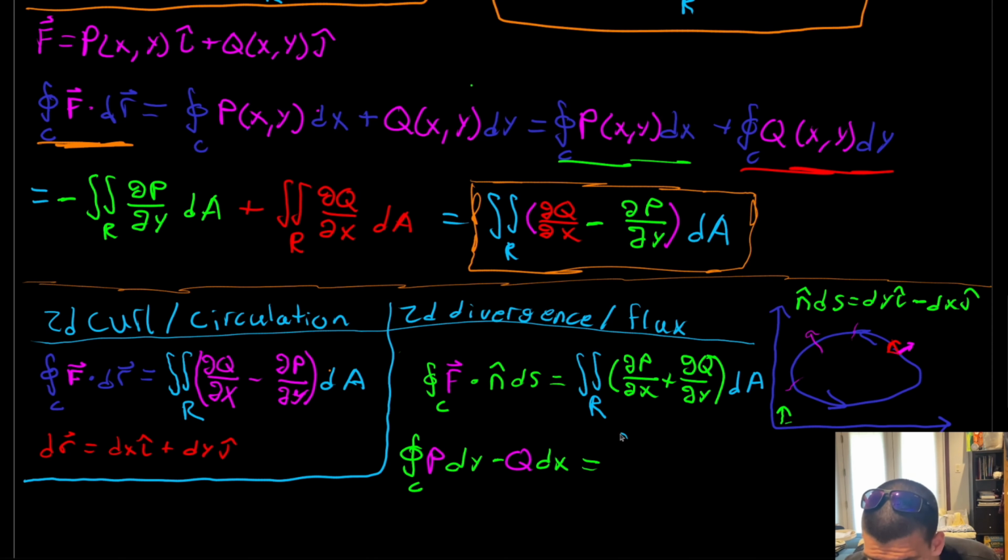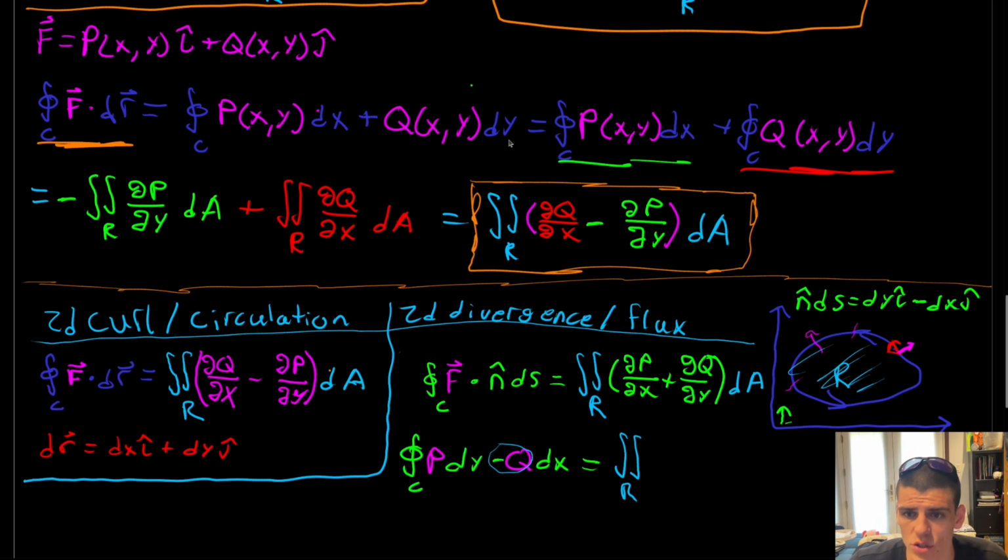It'll be a double integral over R, which is this region right here. We'll start with the term with the dx next to it. The function is negative Q right here. What happened to the dx function? It was flipped negative, and it was the partial of that function with respect to y. So the first term is the negative of this, so it's just positive partial Q with respect to y.